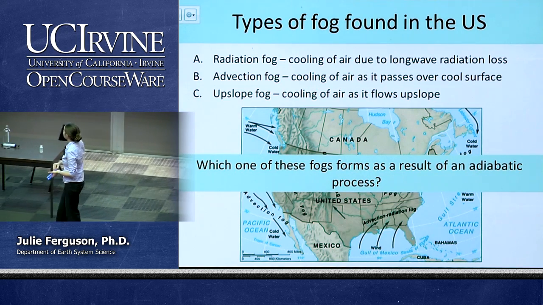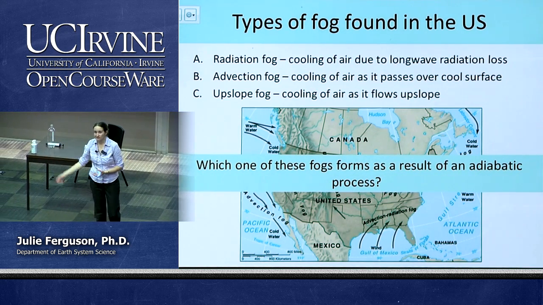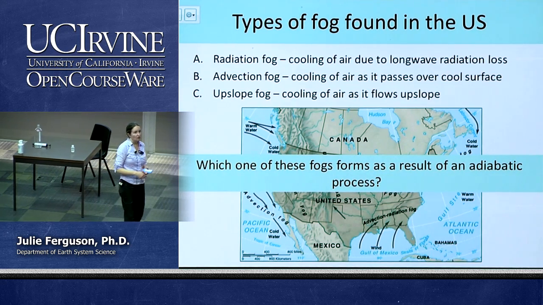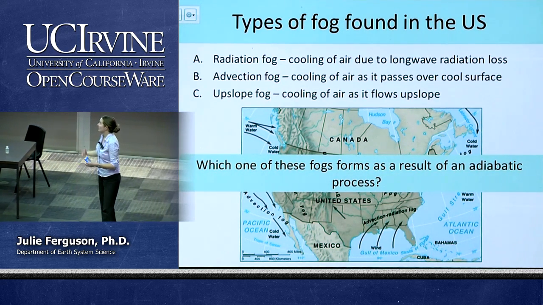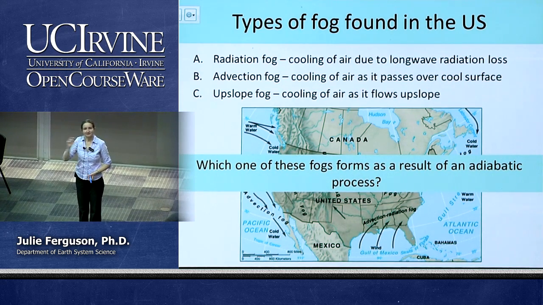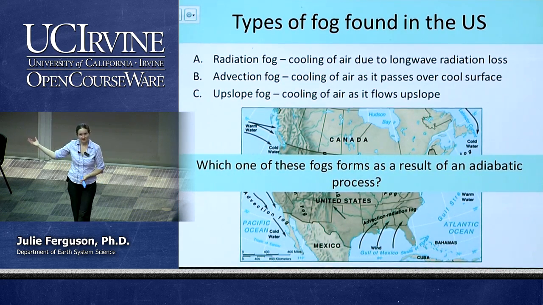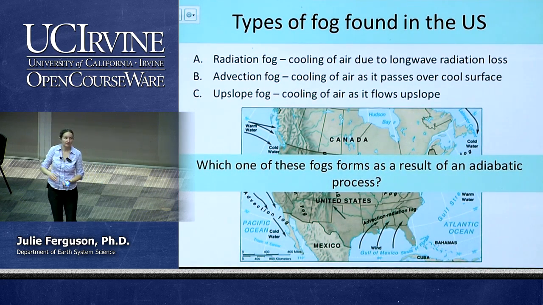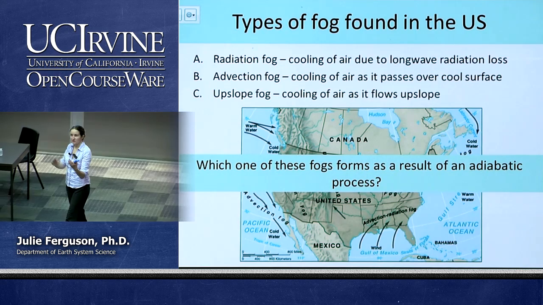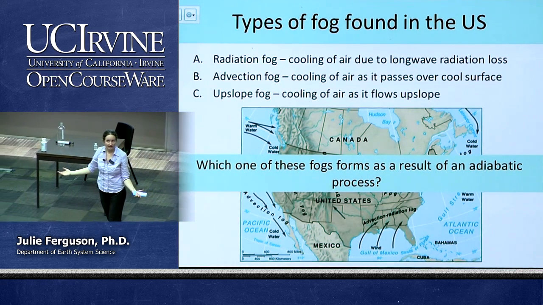If we look at advection fog, it's cooling down because it's passing along a cold surface. That's conduction or some sort of energy transfer. So again, that's a diabatic process. So an adiabatic process, by process of elimination, is our upslope, because what happens as we move upslope is we get a change in pressure, okay?